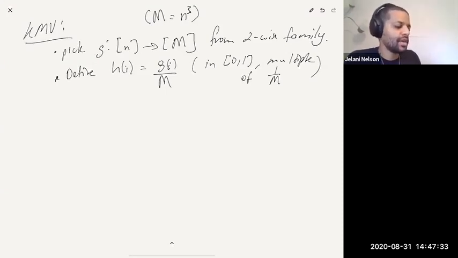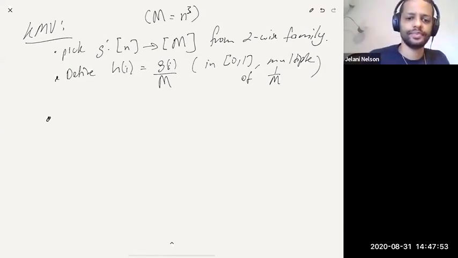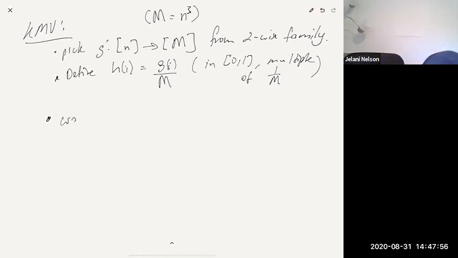And there are things you need to basically now analyze to make this work. I'm not going to do that right now, but I'll tell you a sketch of what you do to prove that this works, and the full details are in the notes, which are going to be online soon. So the first thing you need to do is check that we want, for all distinct i not equal to j in the stream, h of i is not equal to h of j.